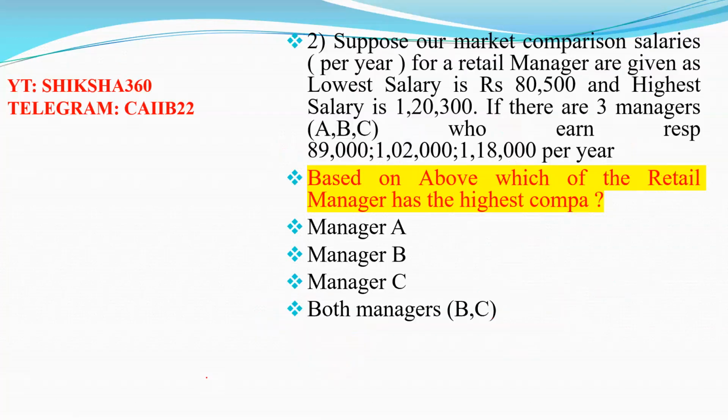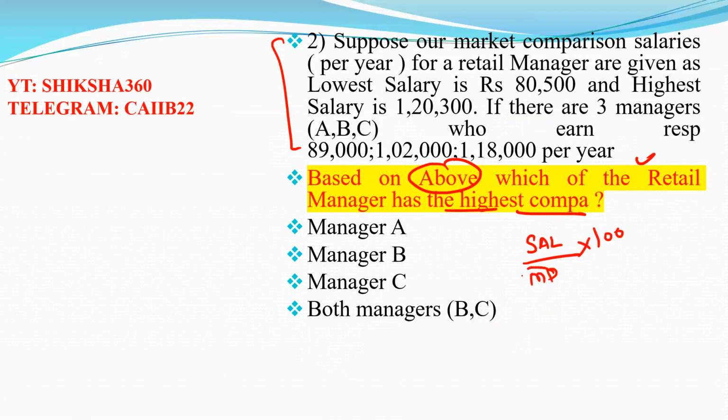The next question is the same case. Based on the above data, which of the retail managers has the highest Compa? To save time, we can know that Compa ratio is salary upon midpoint into 100.